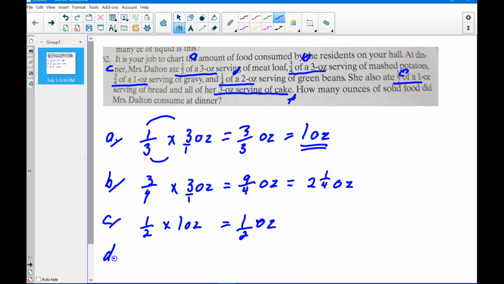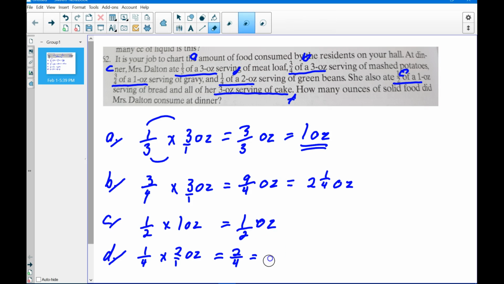So D is 1/4 times 2 ounces, which gives us 2/4, which equals 1/2. Oops, my bad. Funny how your mind can say one thing and your hand does something different. It's strange. 1/2 of an ounce.